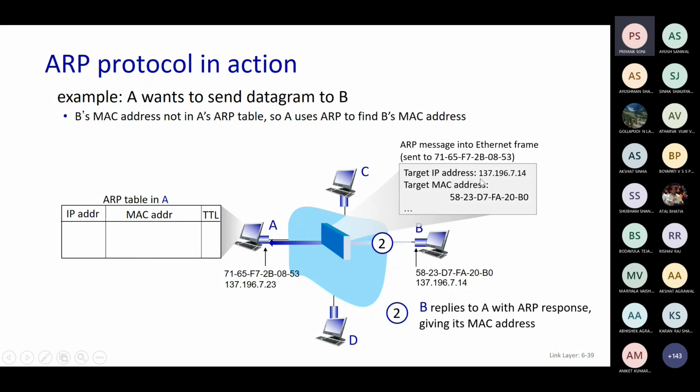Okay, listen, this is not correct. The target IP address has been given as this itself, that is the address of B. So that is not correct. It should be the other way around, because this time B is going to send it back to A, right? So this slide I will make the changes. It is a mistake here, okay?